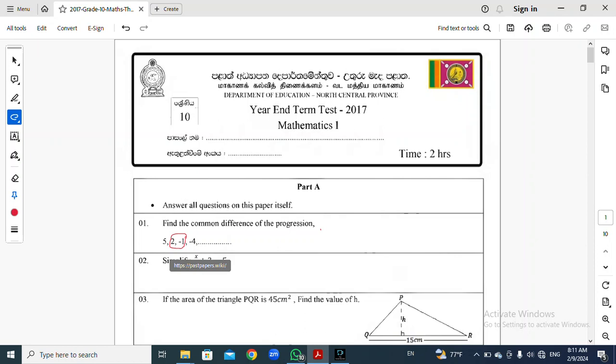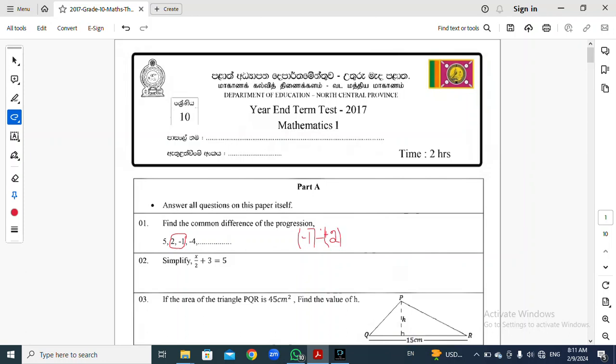So I have to subtract -1 minus 2. This 2 is normally a positive one. This is the minus negative one, and I'm bracketing this one. Now we have to do the simplification.